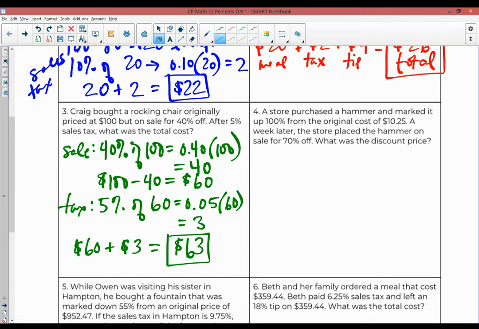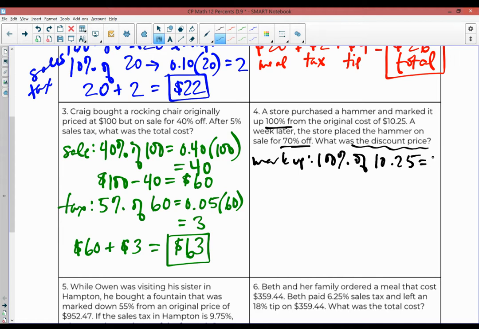Okay. A store purchased a hammer and marked it up 100% from the original cost of $10.25. A week later, the store placed the hammer on sale for 70% off. What was the discount price? Okay, so the markup is 100% of 10.25.